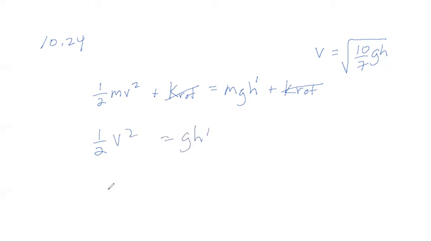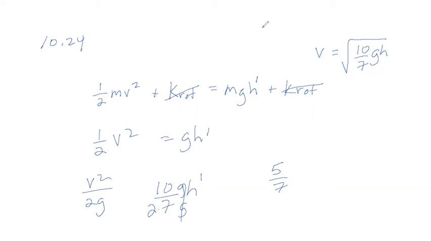So h prime is going to be equal to v squared over 2g. And v squared is 10/7 gh, times 2 over g. So h prime, I'm sorry, h prime is going to be equal to 5/7. Whoa, whoa, whoa, one minute.